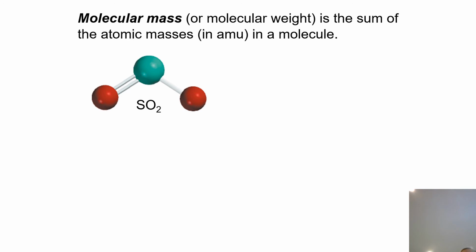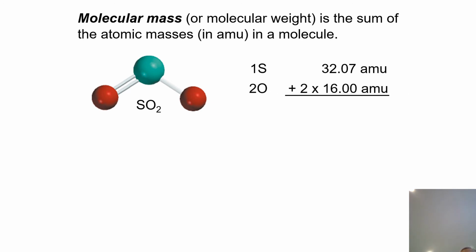So in order to calculate the molecular mass in AMUs, we find sulfur's average atomic mass in AMUs on the periodic table, and add to that 2 times the mass of an oxygen atom in AMUs. And the sum of that will give us the molecular mass in AMUs.